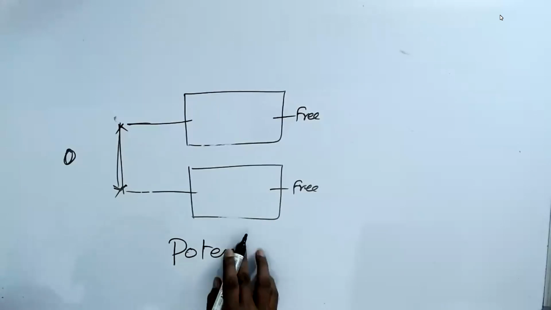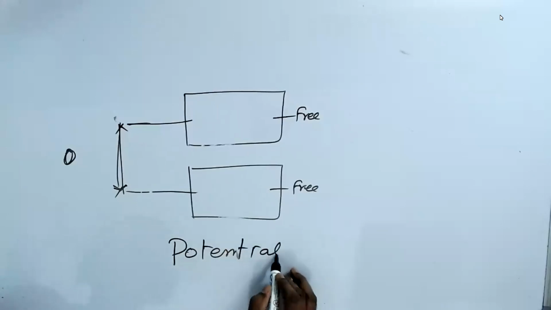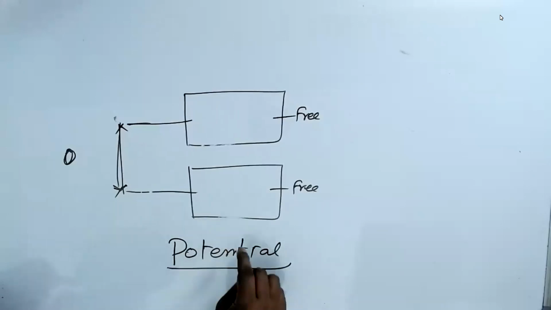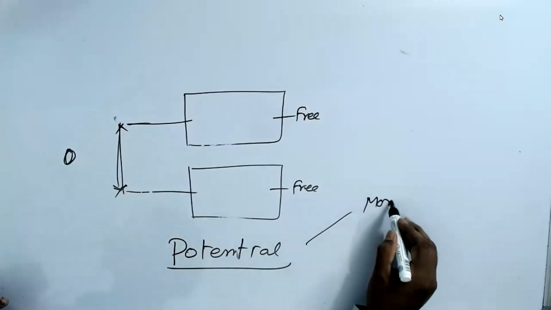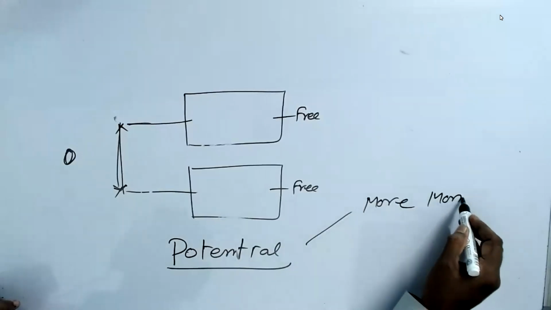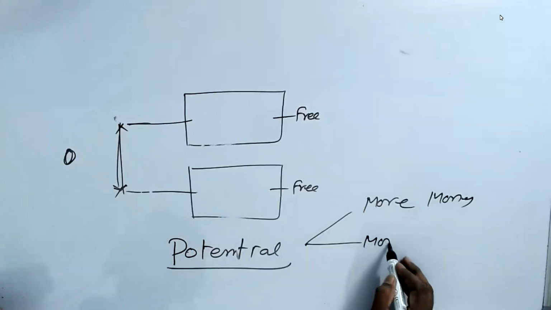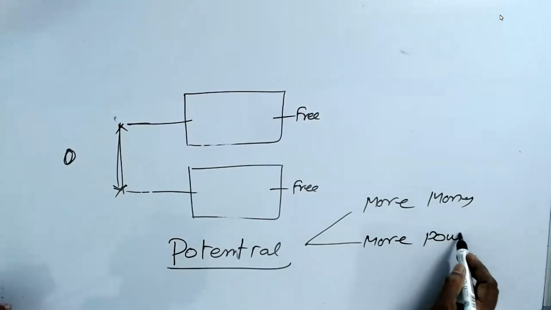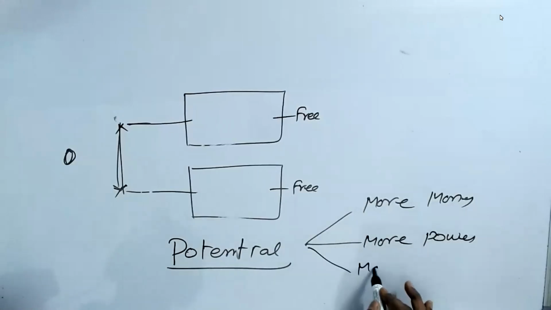Everything you have to understand. Potential. The potential is how much money you have. You say, that guy is a highly potential guy, man. Potential means he has more money, or more power, or more knowledge.